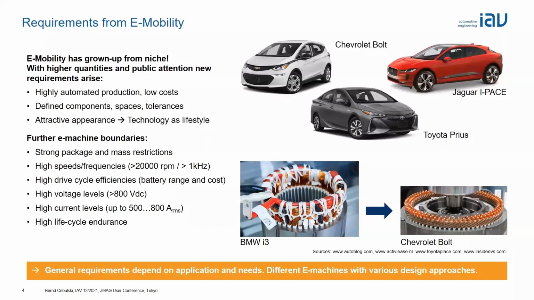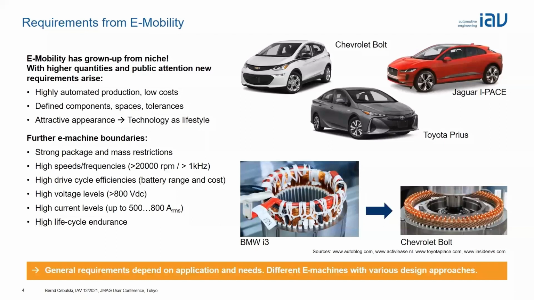We have frequencies up to 1 to 3 kilohertz, very fast running electric motors with more than 20,000 RPM. We have different voltage ranges, currents starting from 50 amps for very small motors up to more than 800 amps for big motors. And also the life cycle endurance somehow deviates.